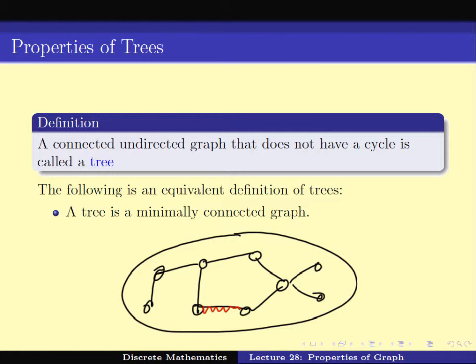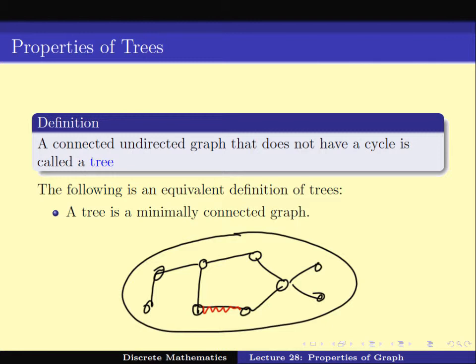So this is not a minimally connected graph, because I could remove an edge and the graph would still remain connected. So as you can see, I just proved to you that if a graph has a cycle, then the graph is not minimally connected.